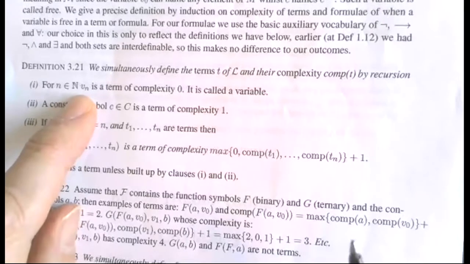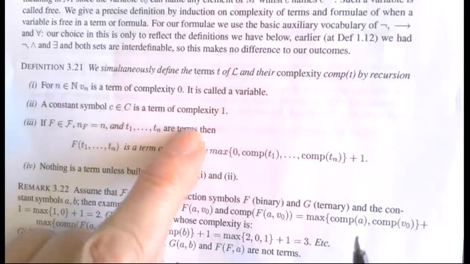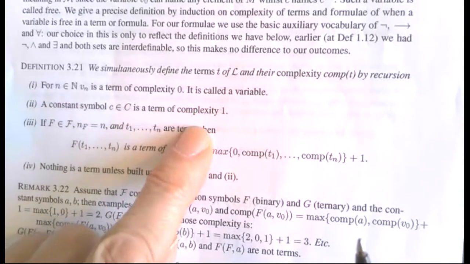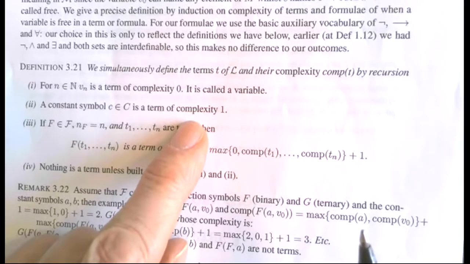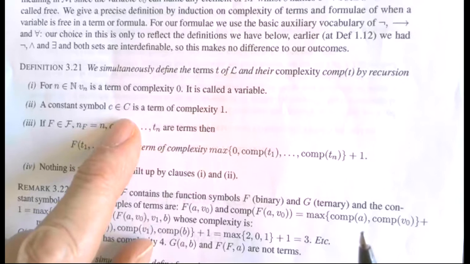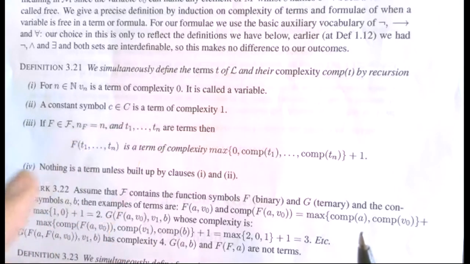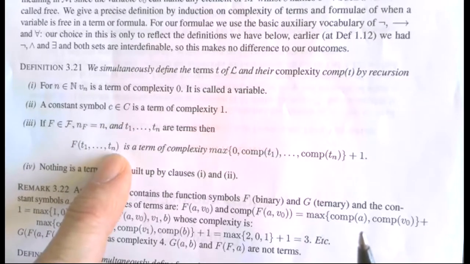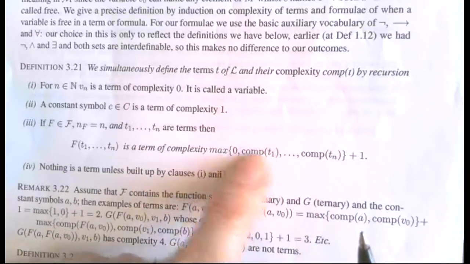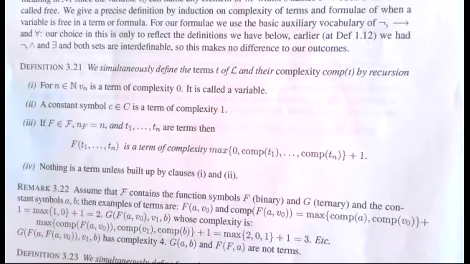So variables had complexity 0. A constant symbol we give complexity 1 to. It's actually, in a sense, a constant is really a zero function, but let's not worry about that. And then the complexity of a function applied to some terms is the maximum of the complexity of the components plus 1. So each time we're building things up more and more, we add on another layer of complexity.